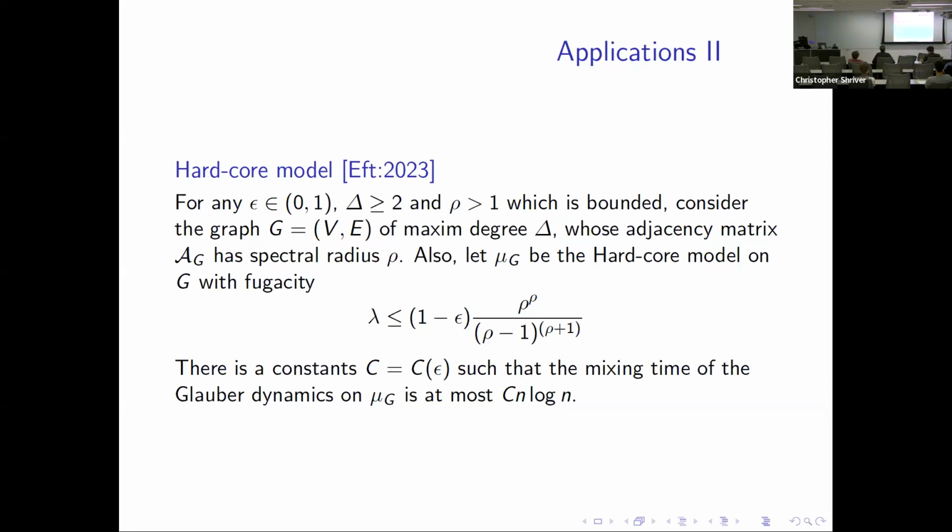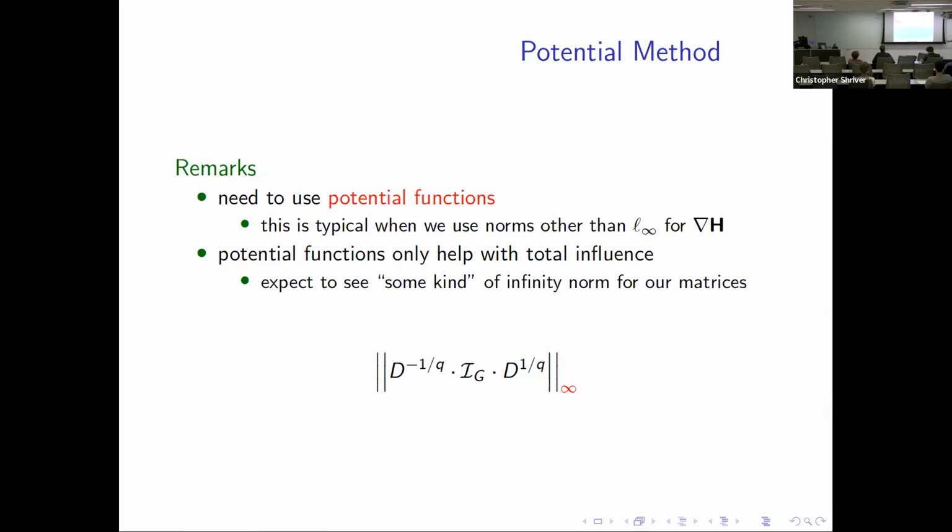Maybe wrong. So I don't have much time here to talk, but somehow why this is useful, why this makes sense: we have to start from the analysis we had before, but we have to involve potential functions, right? So the analysis is way more involved, right?